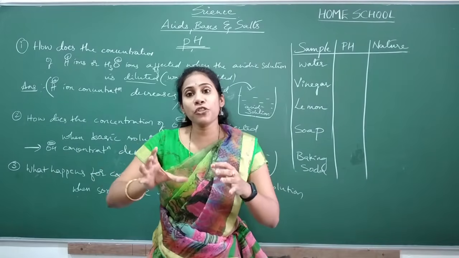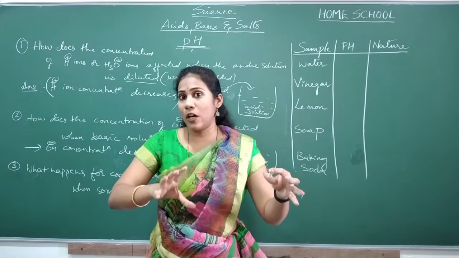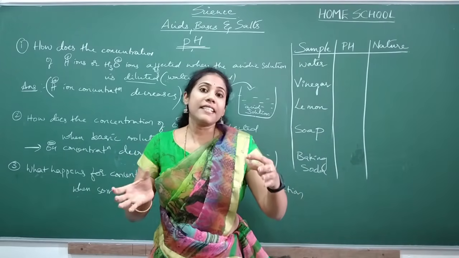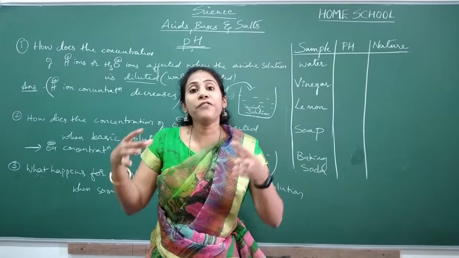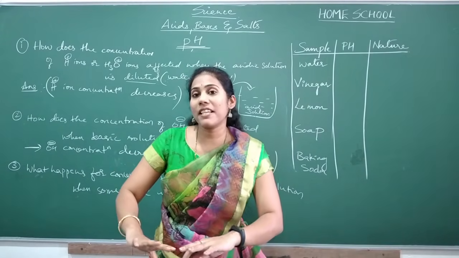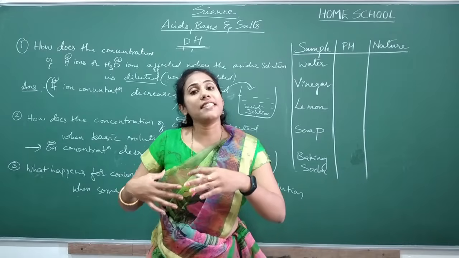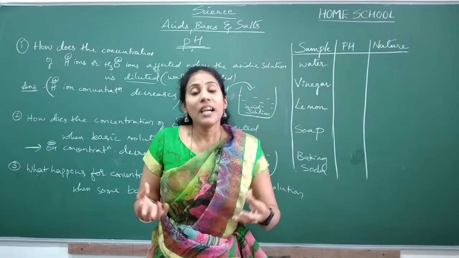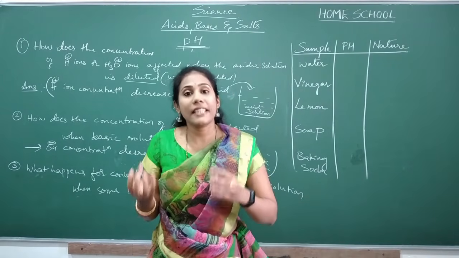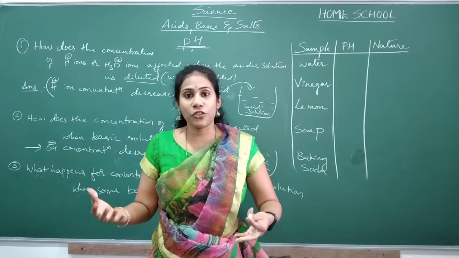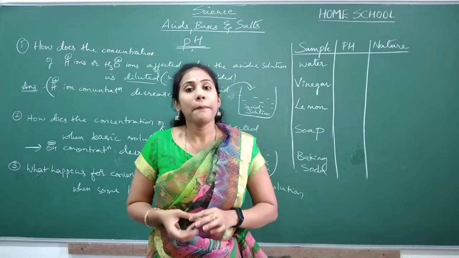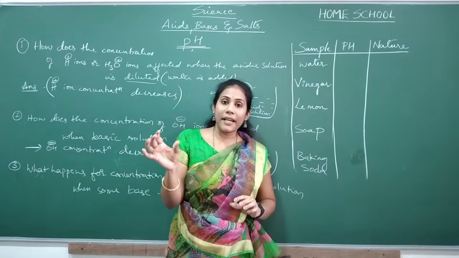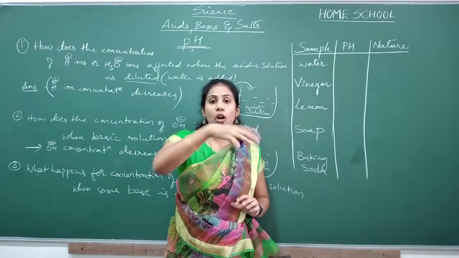If an acid has more H plus ions, it is considered a strong acid. If a solution has fewer H plus ions, it is considered a weak acid. So we measure how many H plus ions are in each solution. This is what we call pH. With the help of pH, we can always determine whether an acid is strong or weak.